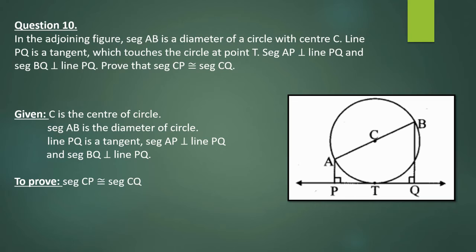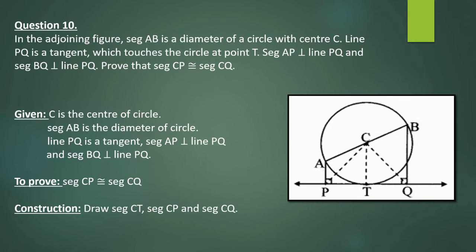We have to prove segment CP is congruent to segment CQ. For that we need to do certain constructions. We will draw segment CT, segment CP and segment CQ. If you see in the diagram, we've just drawn segment CT, CP and CQ.